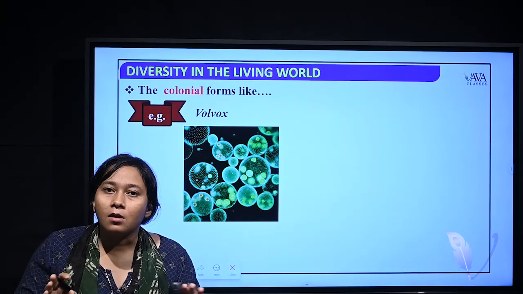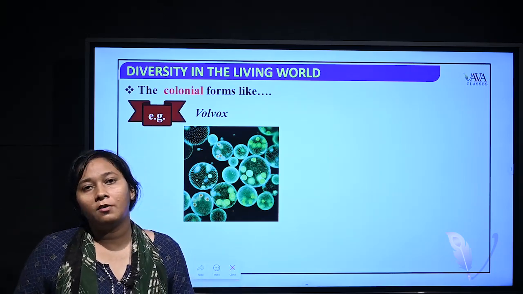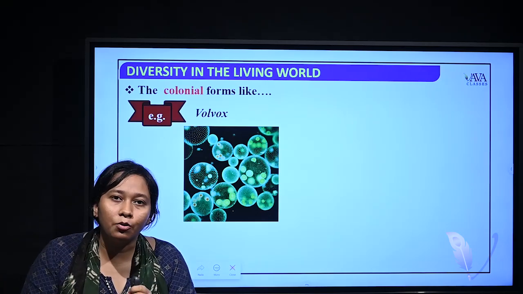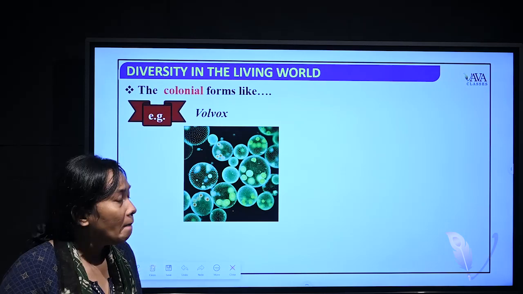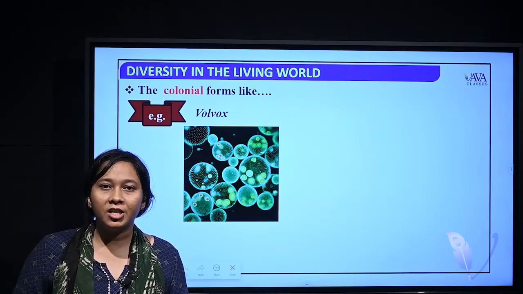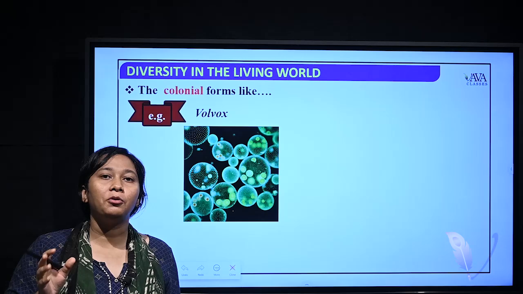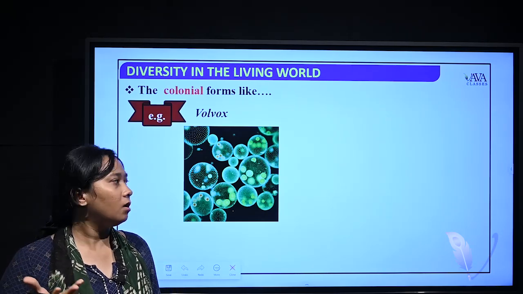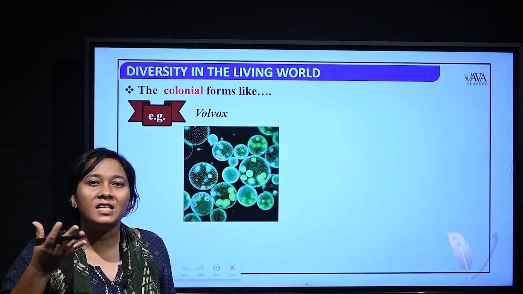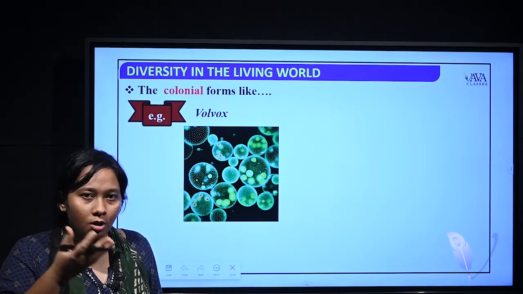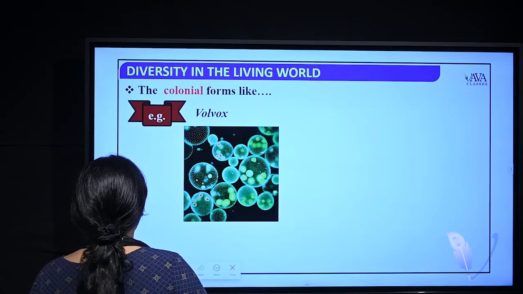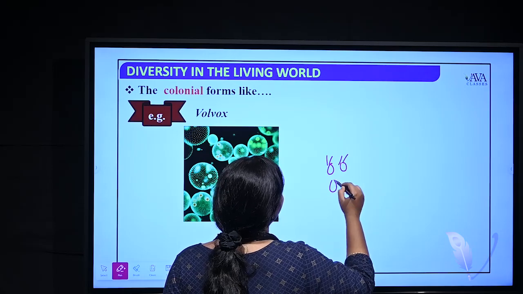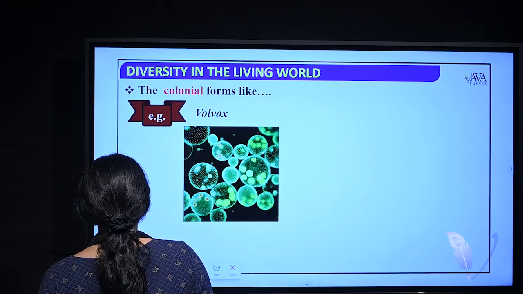So colony form is completely different from a multicellular form, because in multicellular forms a group of cells come together to form a specific function, but in colonial form the algae come together in a mucilaginous, jelly like structure. For example, consider Volvox, which is a green algae.